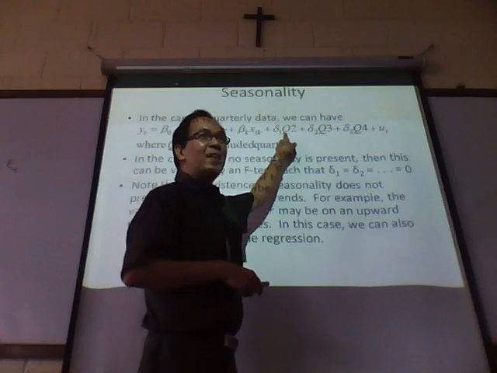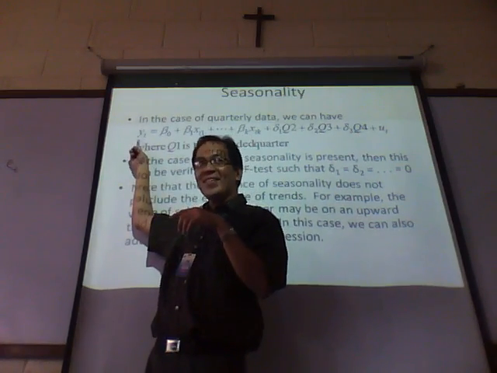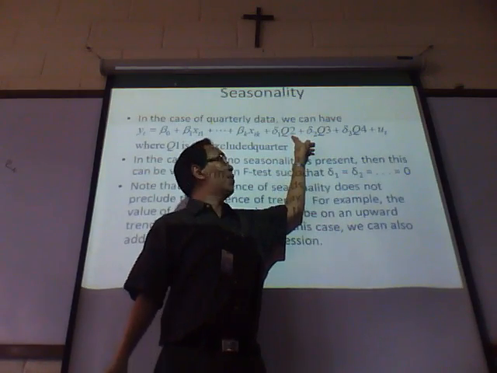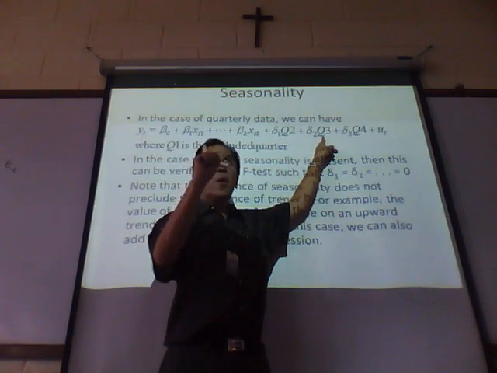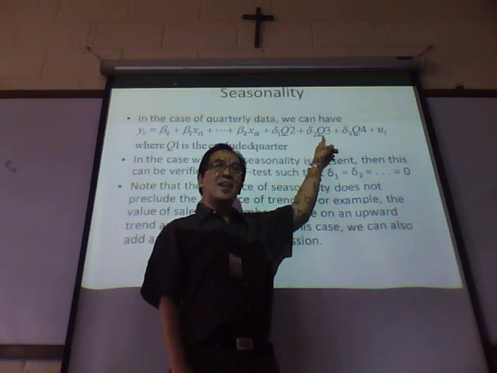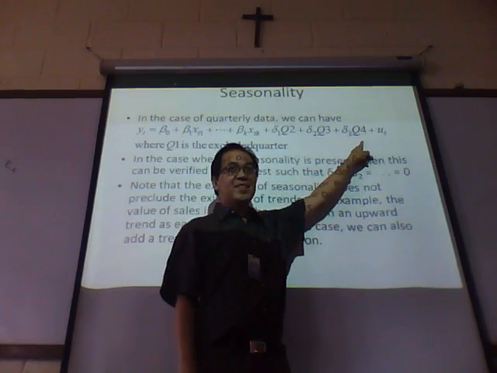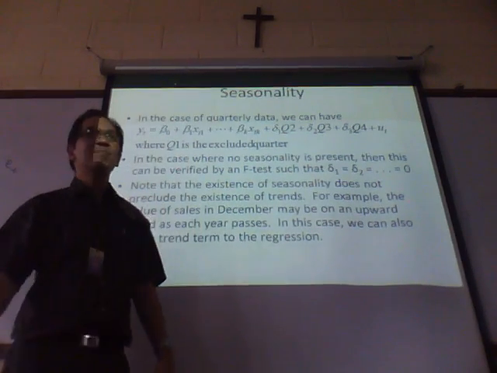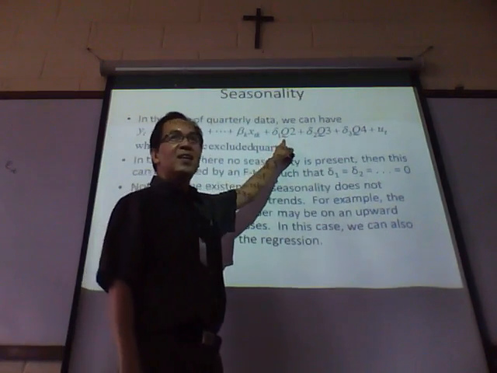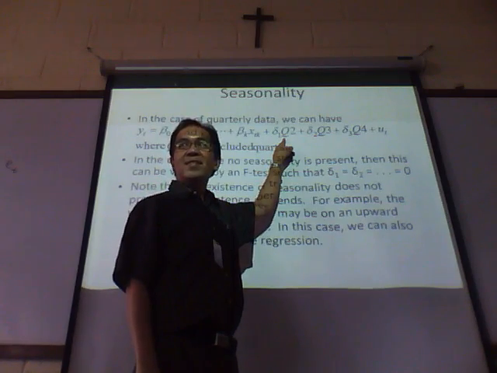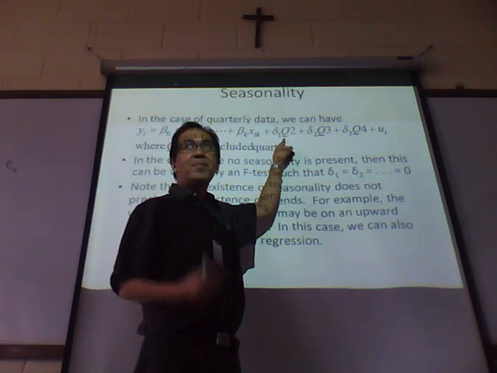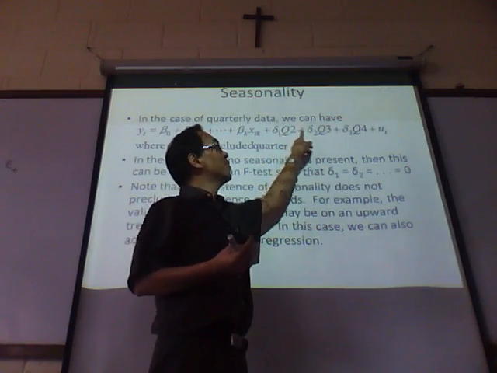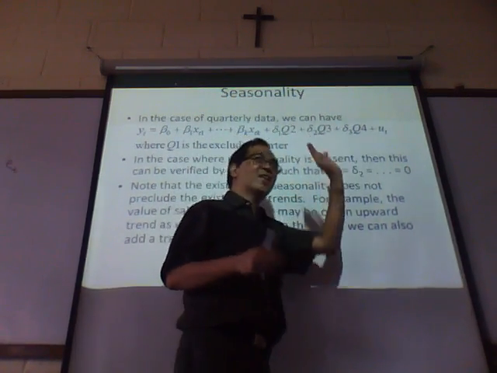So, if this is the sales in September, then this will take the value 0. This will take the value 1 because September is quarter number 3, and then this is 0. Okay? If it was March, this one will be 0. First quarter. 0, 0, 0. Okay, good.